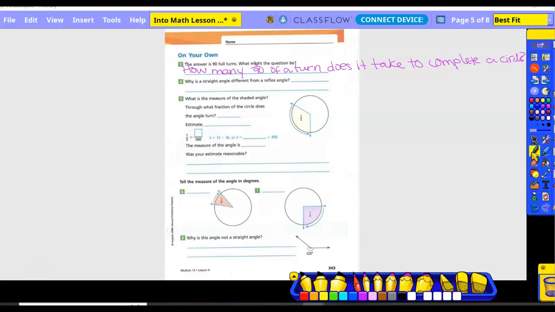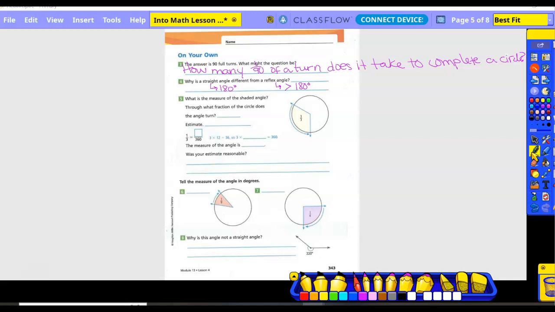Why is a straight angle different from a reflex angle? So a straight angle is what? 180 degrees, right? And then a reflex angle is greater than 180 degrees. What is the measure of this shaded region? Okay, so through what fraction of the circle does the angle turn?